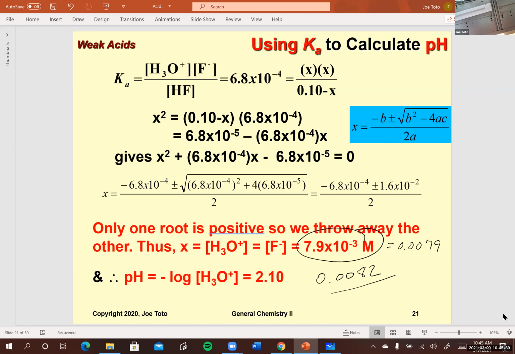All right, so the pH is going to change a little bit. And it only changes a little bit because we're just over the 5% criterion, but it does change. And so you have to keep checking. Now, having said that, most of the problems that you're going to deal with in Chem 201 from this point on are going to obey the 5% rule. But you should check it anyway.